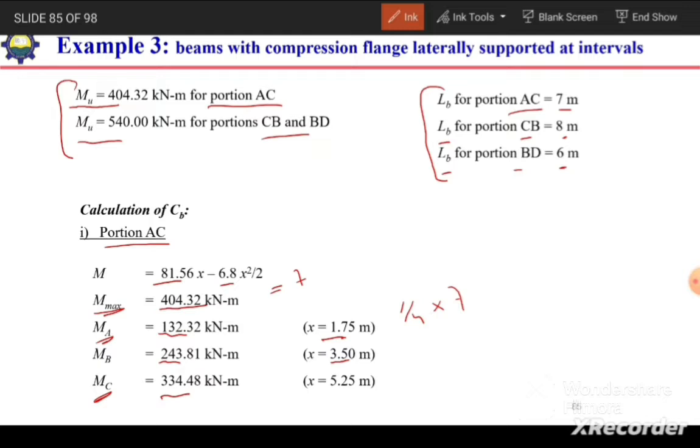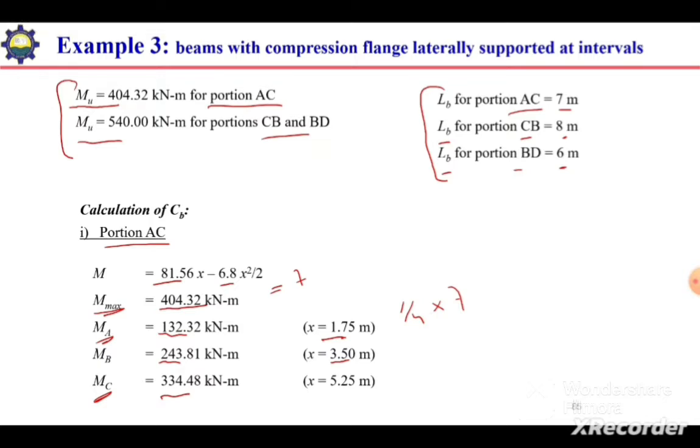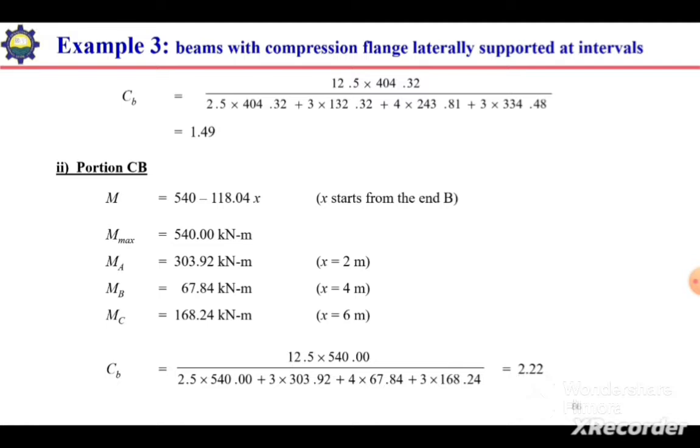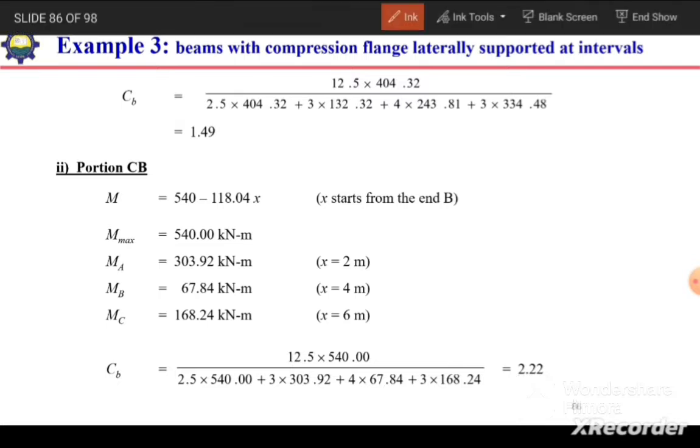Once we have all these moment values, we can calculate the Cb value by substituting them into 12.5 M maximum divided by 2.5 M maximum plus 3 MA plus 4 MB plus 3 MC. By substituting these values, Cb is 1.49.